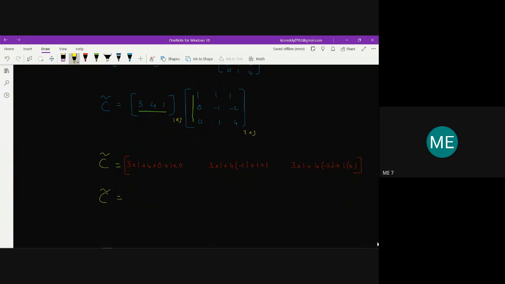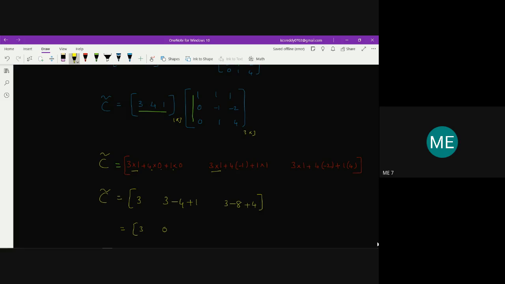Now, by simplification, this is going to be 3 plus 4 into 0, 1 into 0, so I'm going to get 3. And similarly here, 3 into 1 is 3, minus 4 plus 1. Then 3 minus 8 plus 4. So I'll be getting 3 plus 1, 4 minus 4, 0.